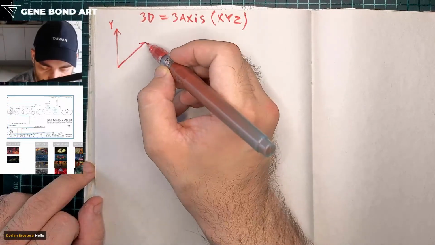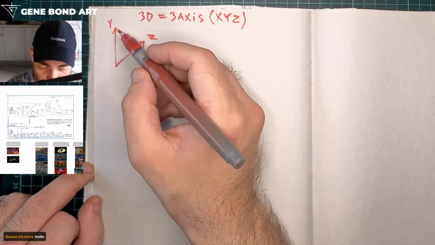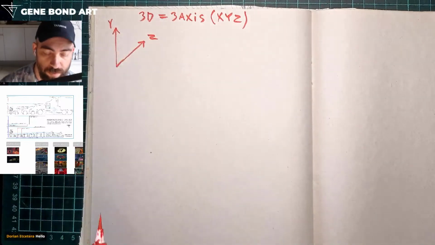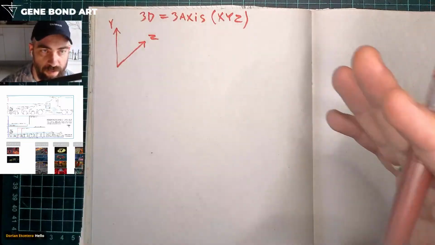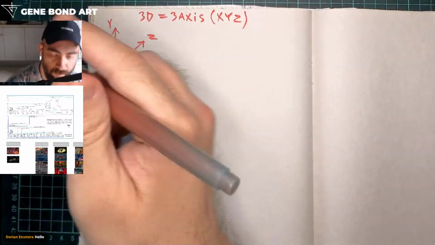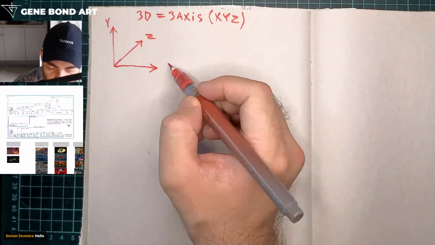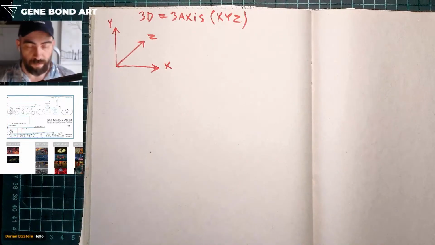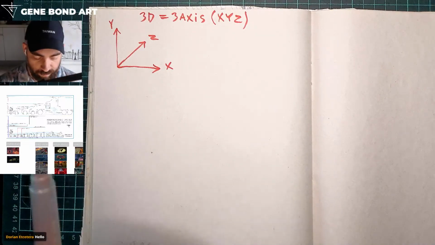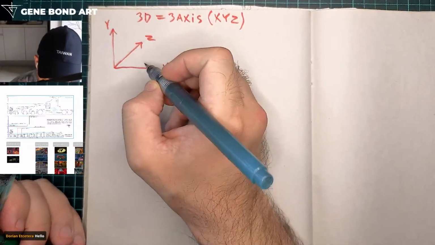In essence, it looks like this. We have the y-axis for the vertical dimension, for height, z for depth, and x for width, right? Then we can make an object here.